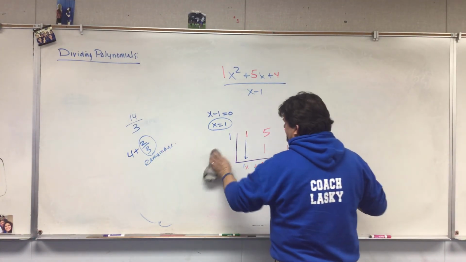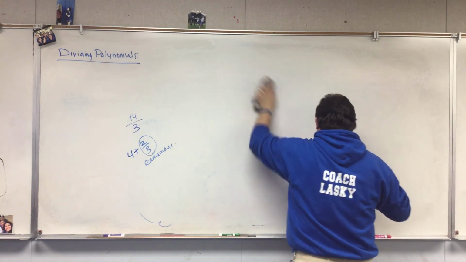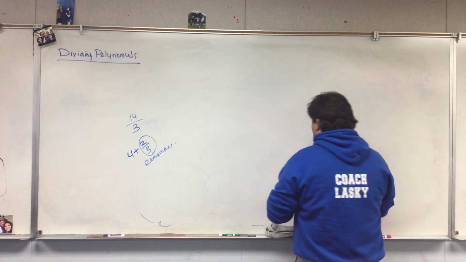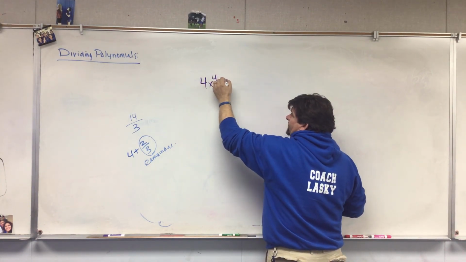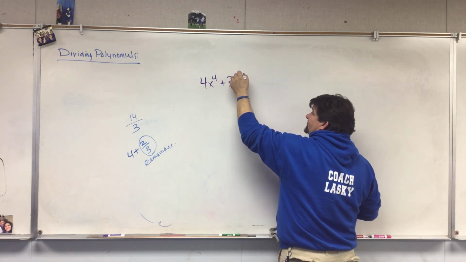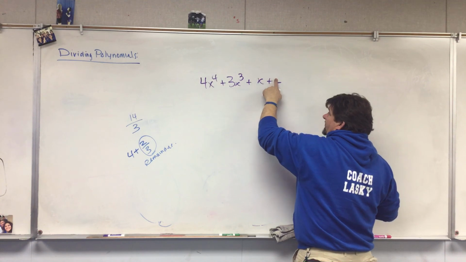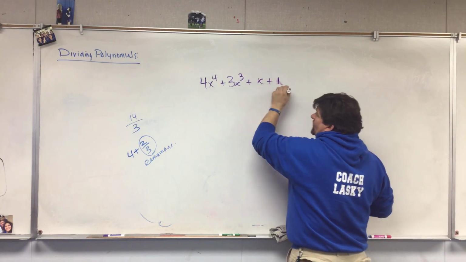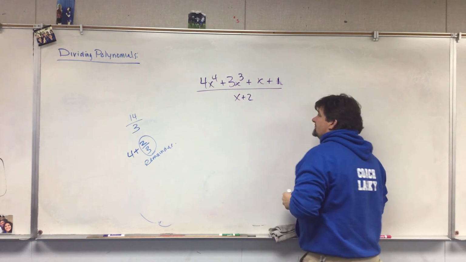Okay? So let's do another one just so you guys can see the pattern here. Let's do 4x to the 4th plus 3x cubed plus x plus 1, and we're going to divide that by x plus 2.